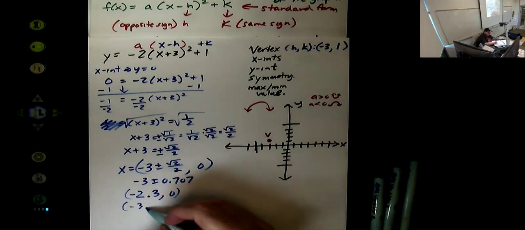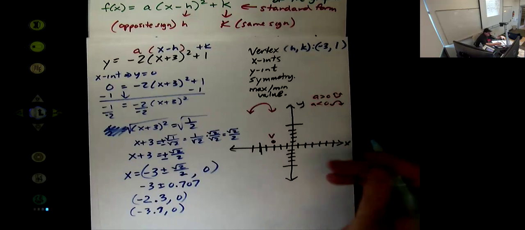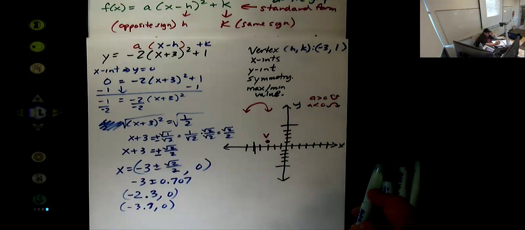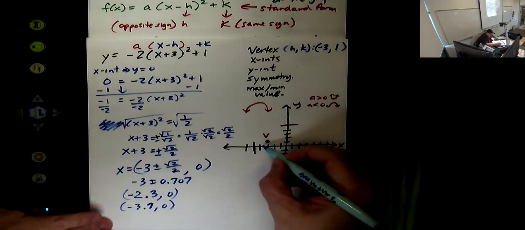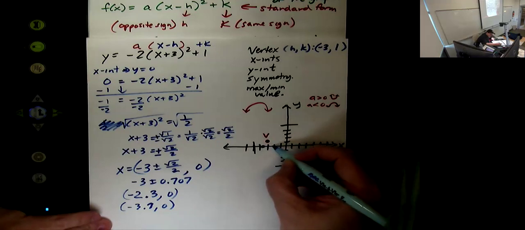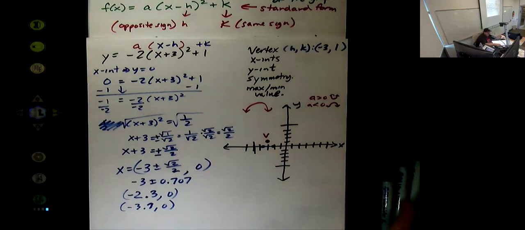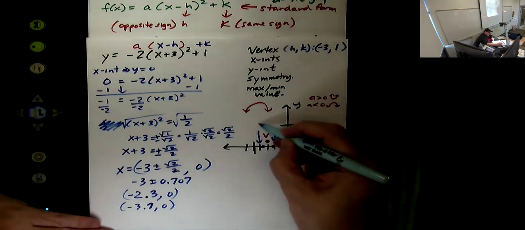And -3.7. All right, so that puts a point closer to the -4 and the -2. Not a lot to go on yet. So there's our x-intercepts.